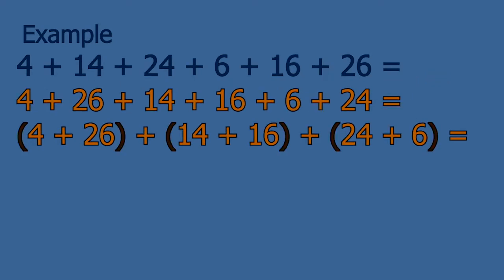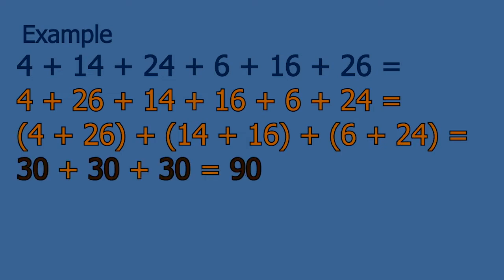Now we have (4 plus 26) plus (14 plus 16) plus (24 plus 6). All of a sudden that problem that we might not have been able to solve in 5 seconds just became so much more simple that it is just undeniable. So we now have 4 plus 26 is 30, 14 plus 16 is 30, 24 plus 6 is 30. So it's 30 plus 30 plus 30, which is 90.